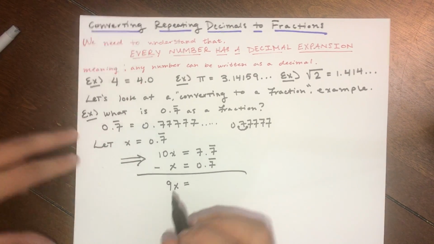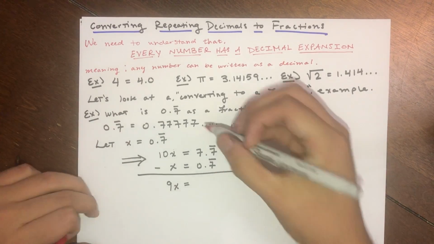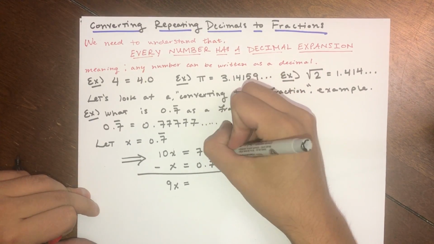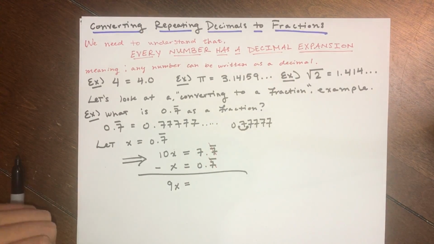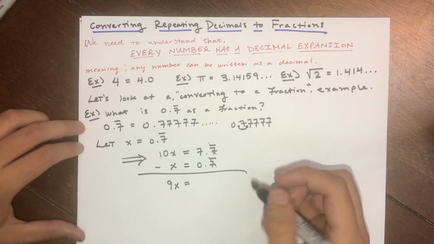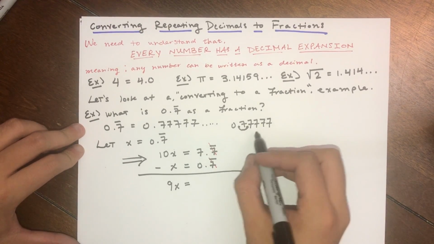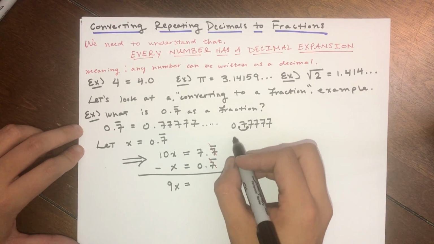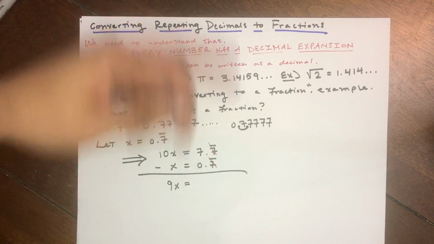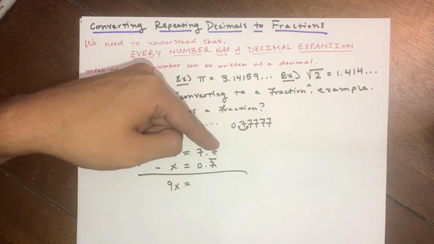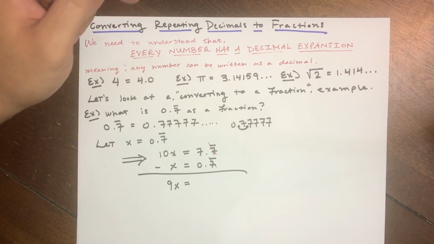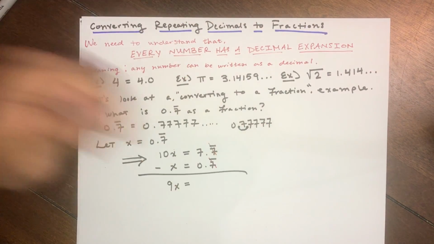These 7 repeatings are going to cancel each other, because 7 minus 7 is 0, 7 minus 7 is 0, and it keeps going like that and you just get 0.